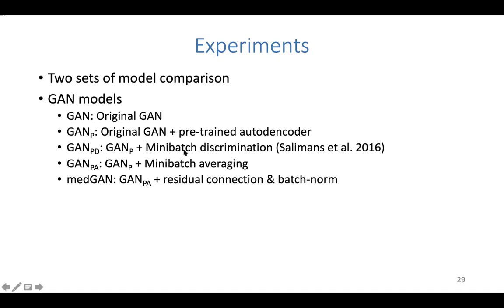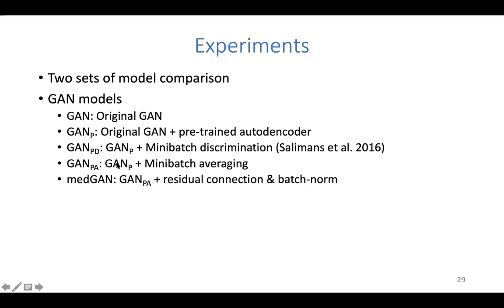They claimed that it helped the GAN avoid mode collapse for image generation. But we're not generating images, we're generating tabular data. We're just trying it out as a baseline.